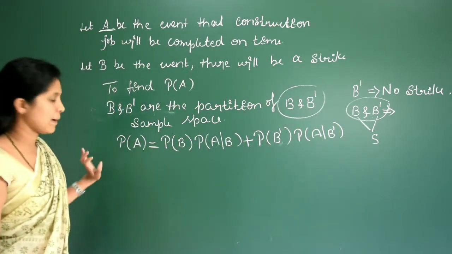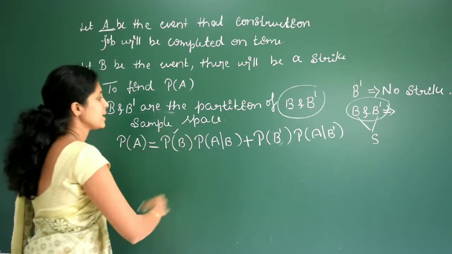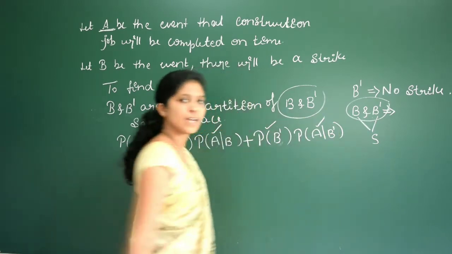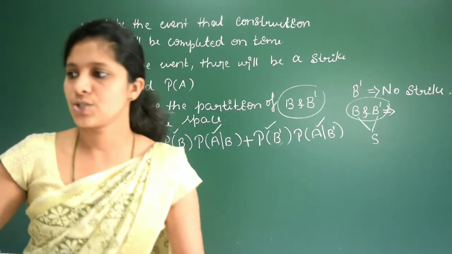This is equal to probability of A. So we need to find probability of B, probability of A by B, probability of B dash, and probability of A by B dash. Let us see the question now.